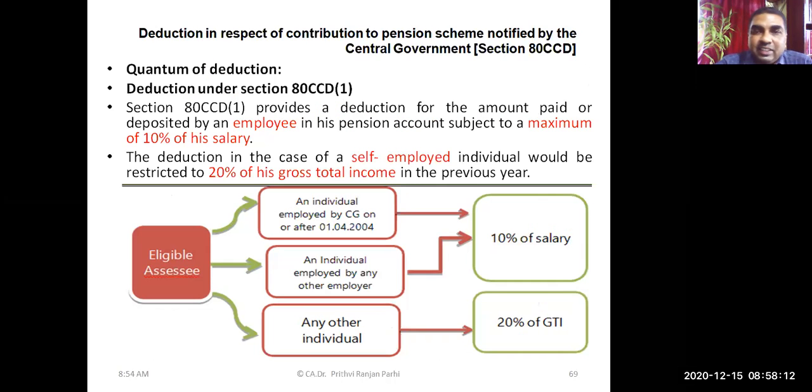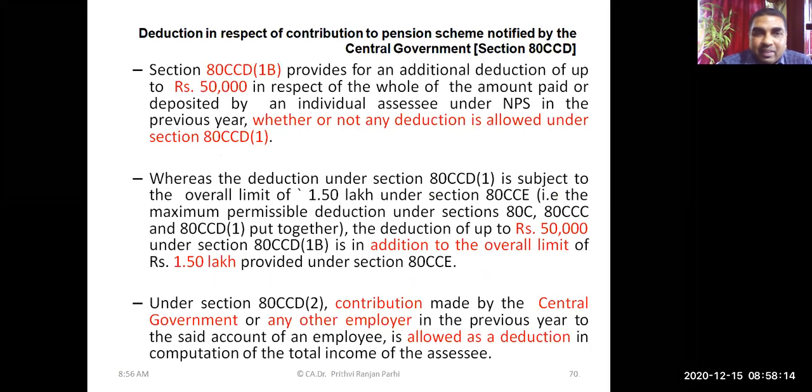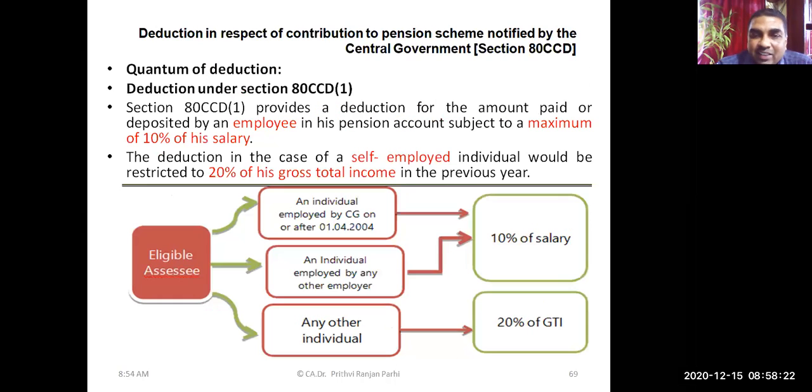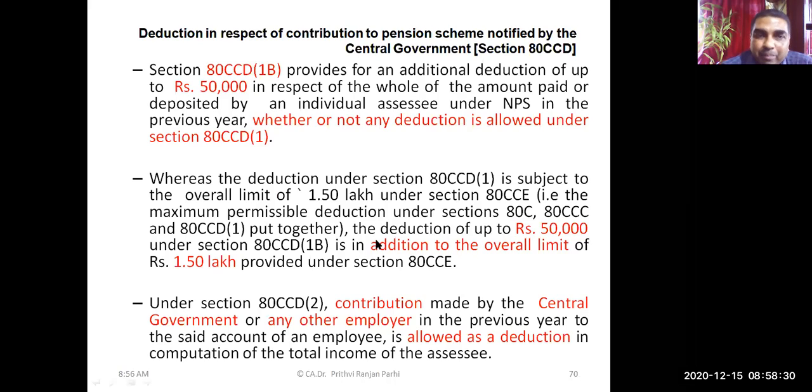That is 80CCD(1) I told you. Now coming to 80CCD(1B), which I had briefly discussed. 80CCD(1B) is different; here there is an additional limit. 80CCD(1) is covered under the limit of 1,50,000, but 80CCD(1B) does not come within that overall limit.